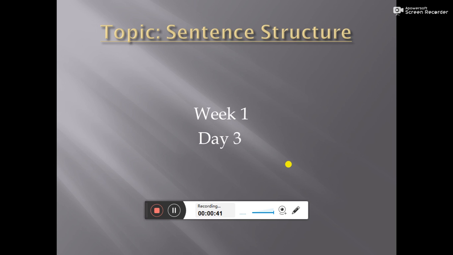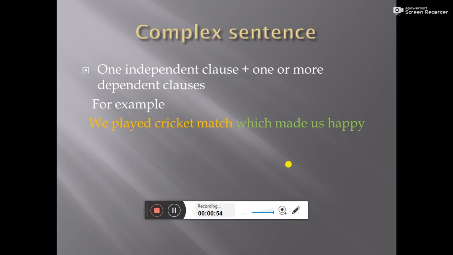Then we talked about the types on the basis of structure, and we have also discussed the first two types of sentence. Now it's the third day, and we are going to talk about the third type of sentence, that is the complex sentence.